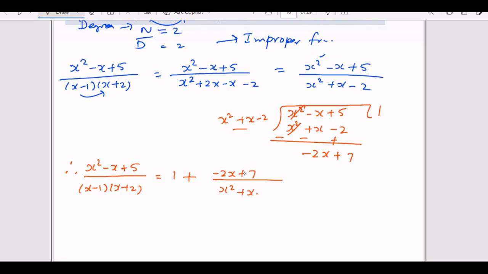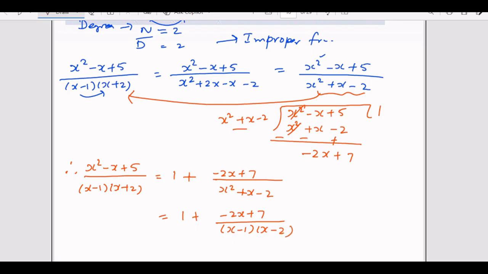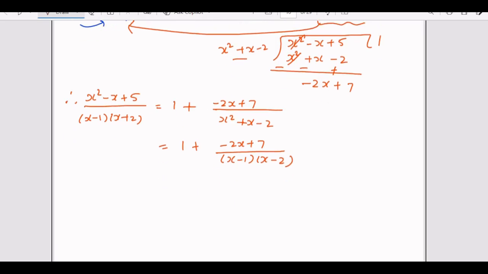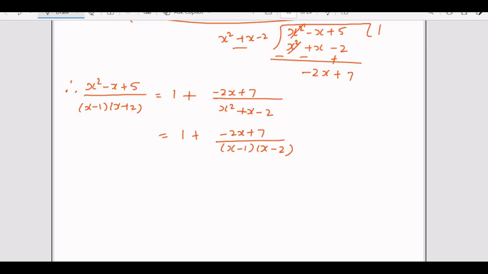Now here you need to go back, because we need the factors. These factors came from here. So this is negative 2x plus 7 over the factors, x minus 1 and x plus 2, right?